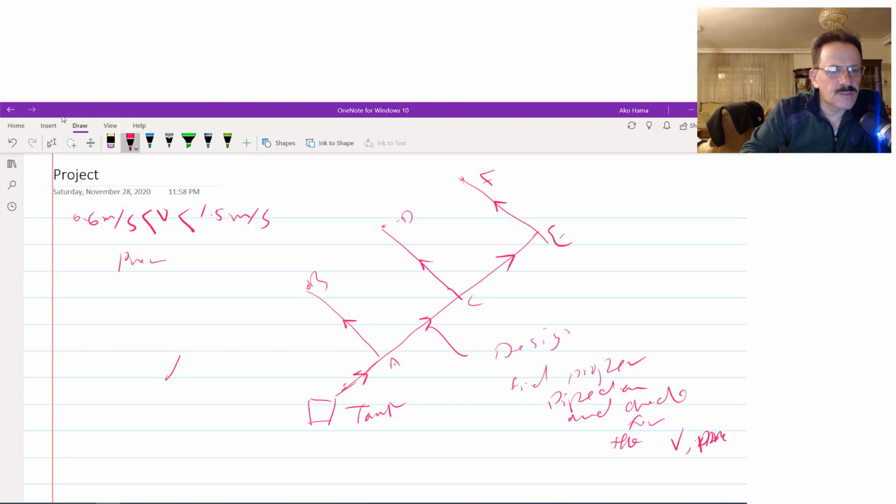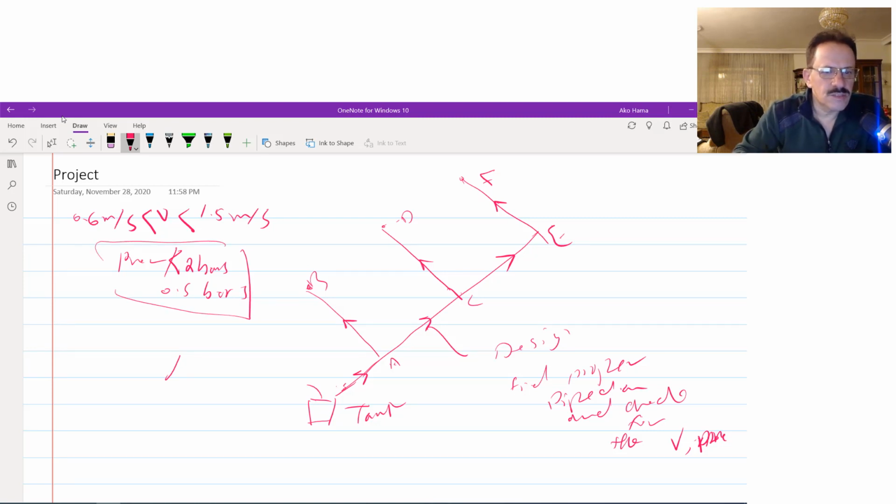The pressure at the dead points should not be more than 3, it should be less than maybe 2 bars, and we may have 0.5 bars. So usually the pressure should be between these values.